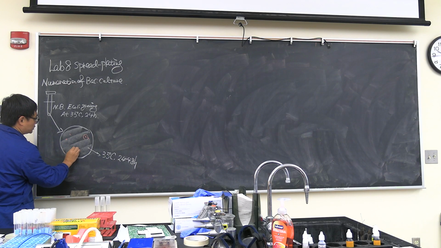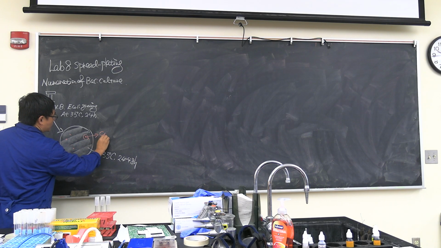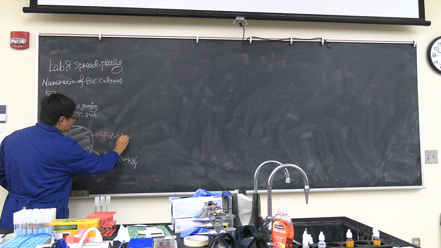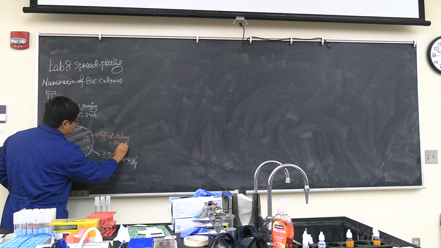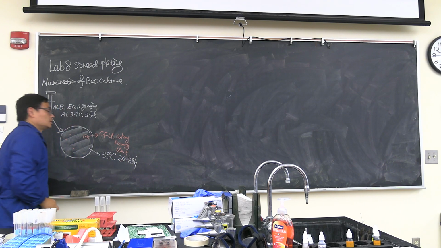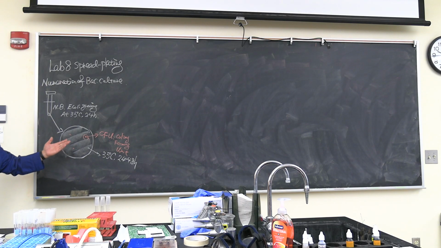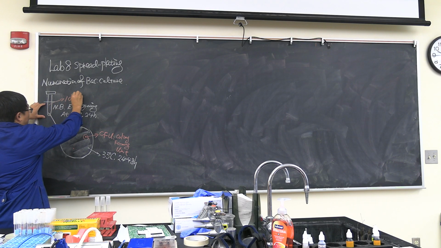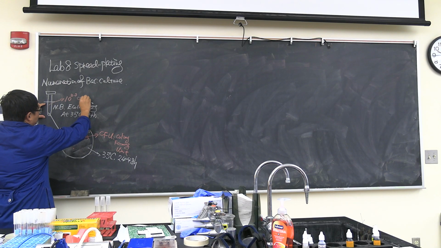And this is what we call CFU, which stands for colony forming unit. But can we do this? Not at this moment. The reason is there are too many bacteria there. How many bacteria? Approximately 10 to the 8th to 9th cells per ml.